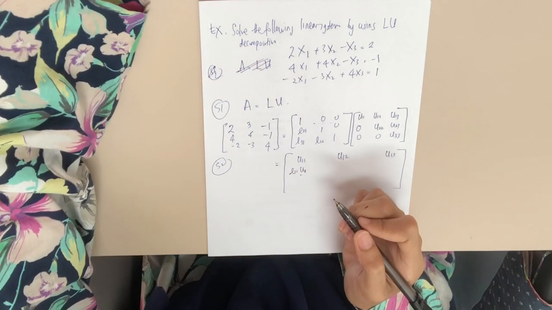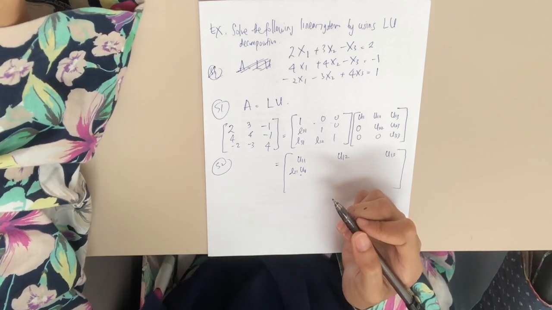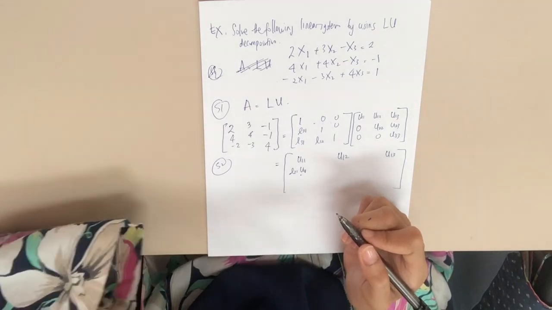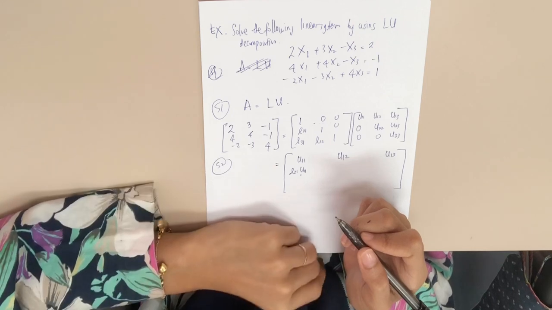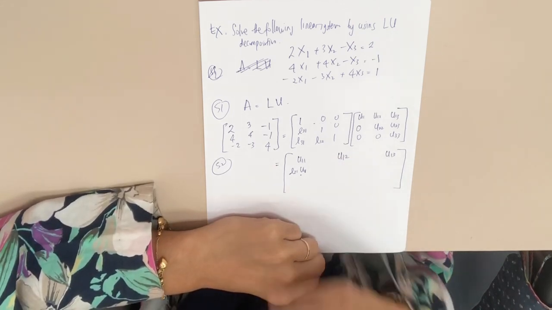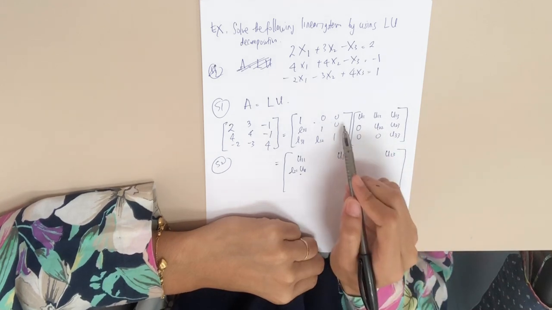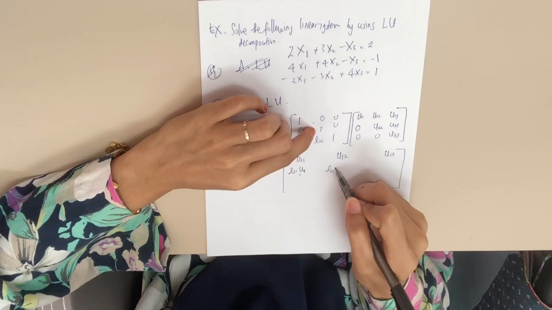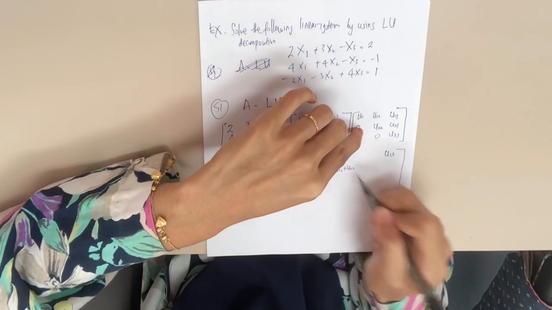Make sure you calculate carefully. You can memorize this, but I suggest you understand how the multiplication occurs, because if you memorize, you might make mistakes. So for this one, L21 times U12 plus U22.